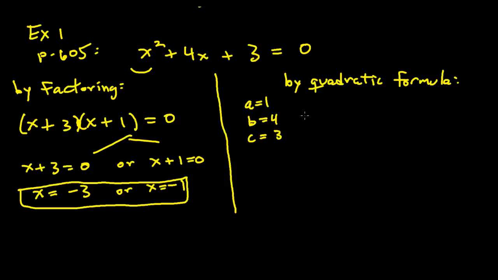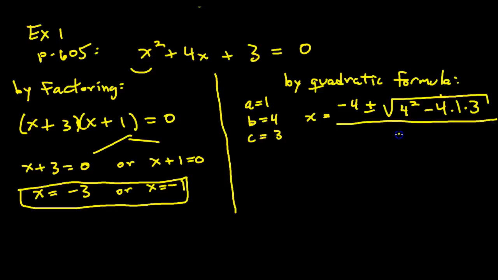Again, the quadratic formula says if you've got a degree 2 equation in standard form, I can say x equals minus b plus or minus the square root of b squared minus 4 times a times c, all over 2 times a. I just substitute the values of 1, 4, and 3 for a, b, and c respectively. And of course, I'll now want to simplify this expression.